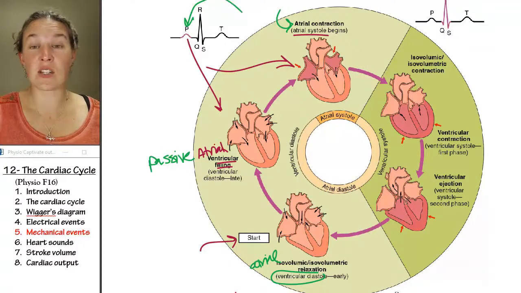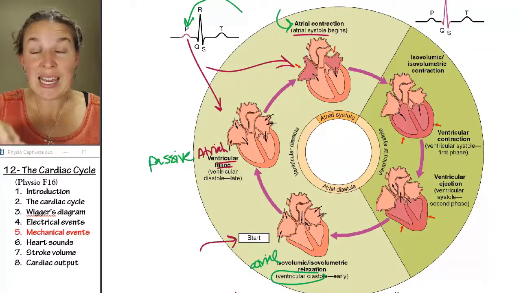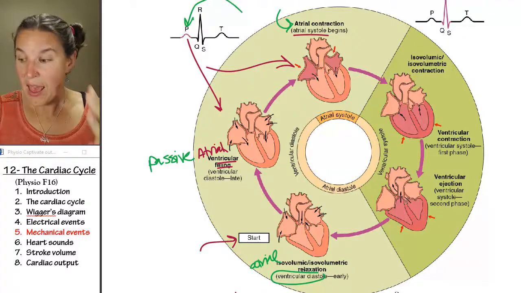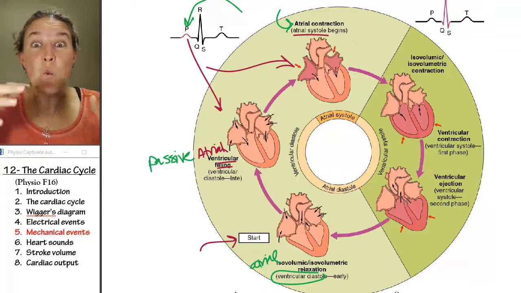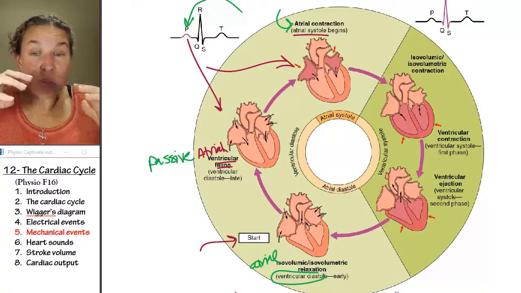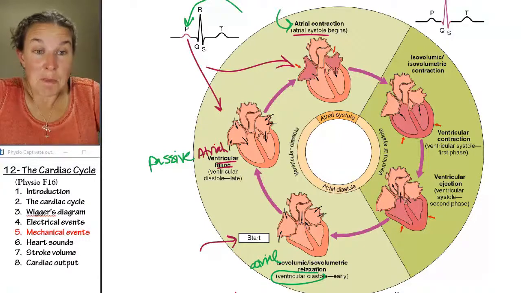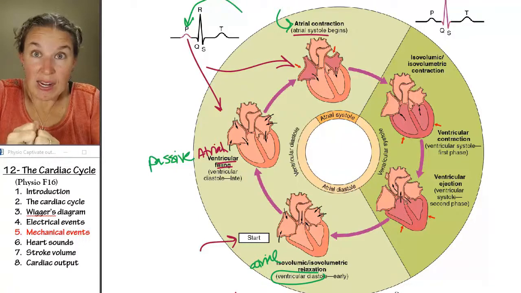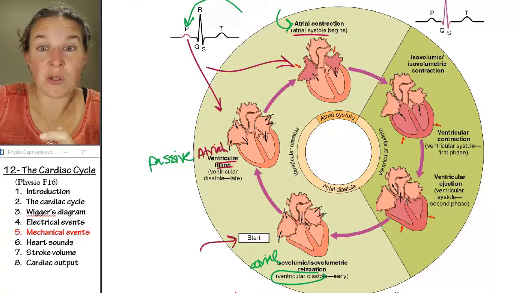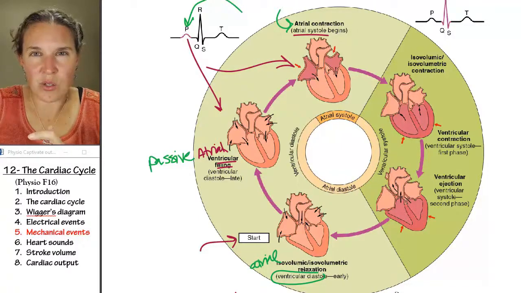Super convenient. Dude, let's squish that blood into the ventricles. Do you agree with that? The ventricles, meanwhile, are relaxed. So we're in a position right now to literally squish as much blood as we possibly can as the atria contract. They're going to squish as much blood as possible into the ventricles.